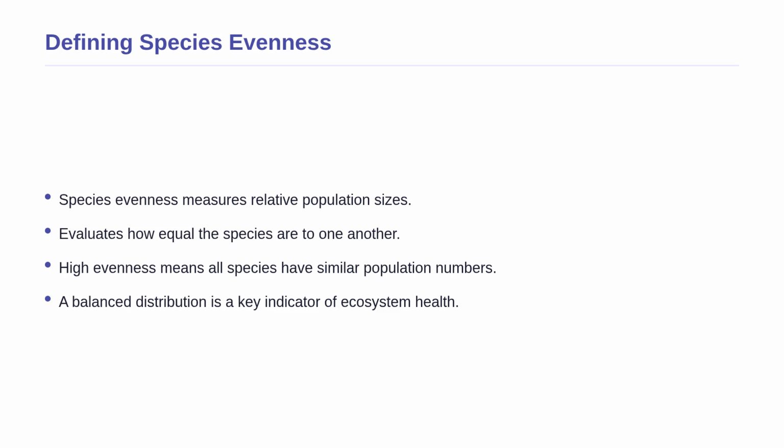In the first forest, every species has roughly the same number of individual trees. This is high evenness. In the second forest, one species makes up 99% of all the trees, while the other 9 species are incredibly rare. This is low evenness. A truly healthy ecosystem typically requires a balanced distribution.